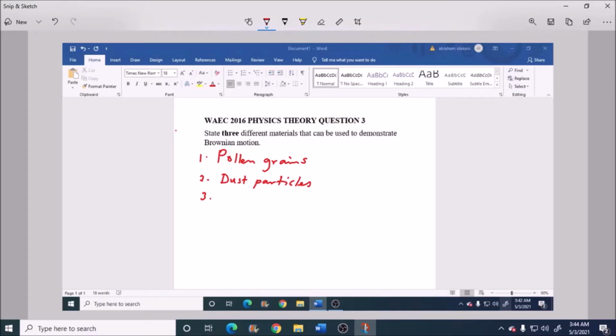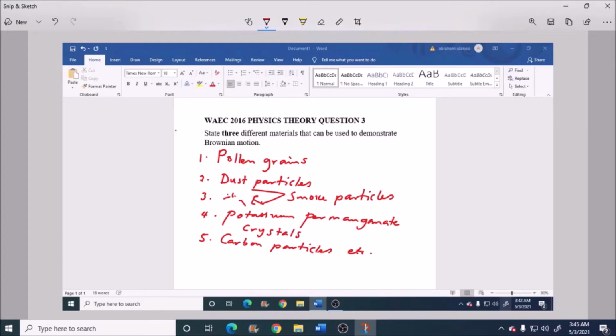We have carbon particles, etc. So these are the materials that can be used to demonstrate Brownian motion: pollen grains, dust particles, smoke particles, potassium permanganate crystals, then carbon particles.